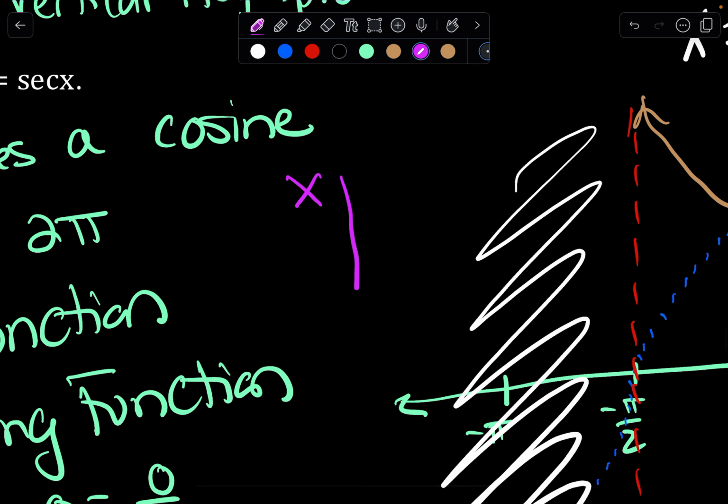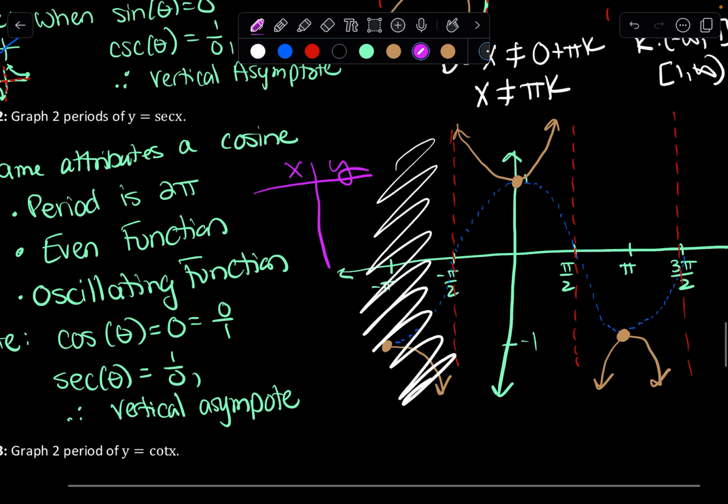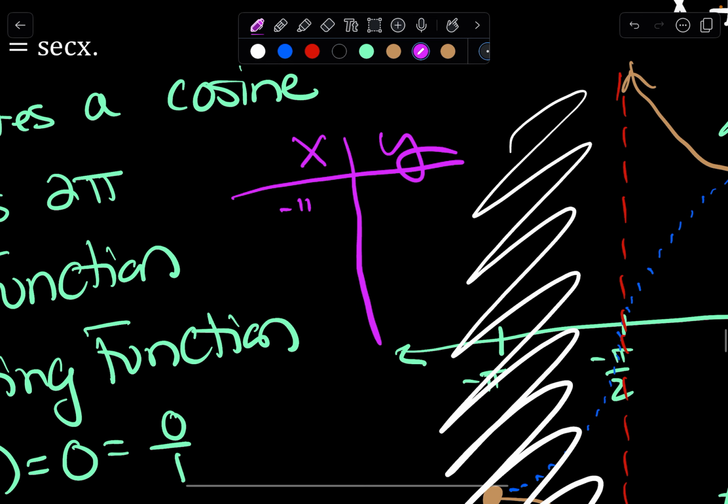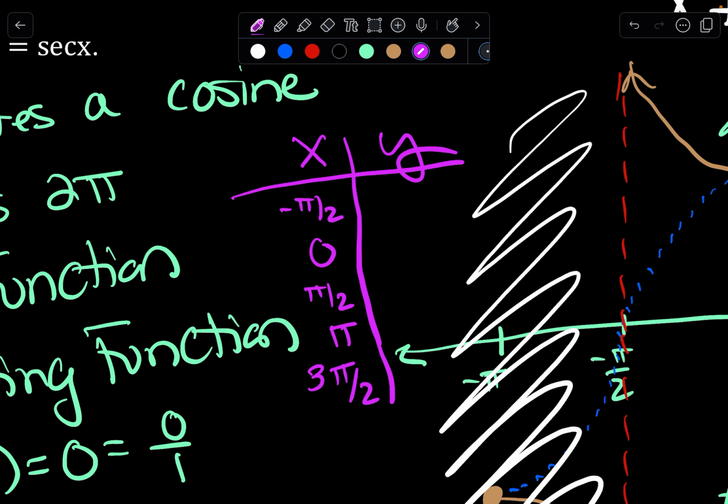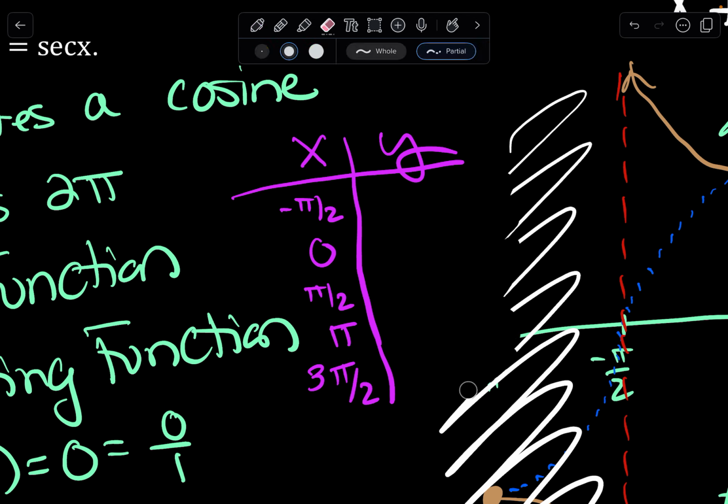So for the table, I'm going to use the second method with the 3 vertical asymptotes and the complete curves, okay? So I'm going to start at -pi over 2, 0, pi over 2, pi, and 3 pi over 2. But if you want to start at -pi, that's okay. Just know when you transform in the next unit, you're going to have broken curves, which is fine if it's easier for you.